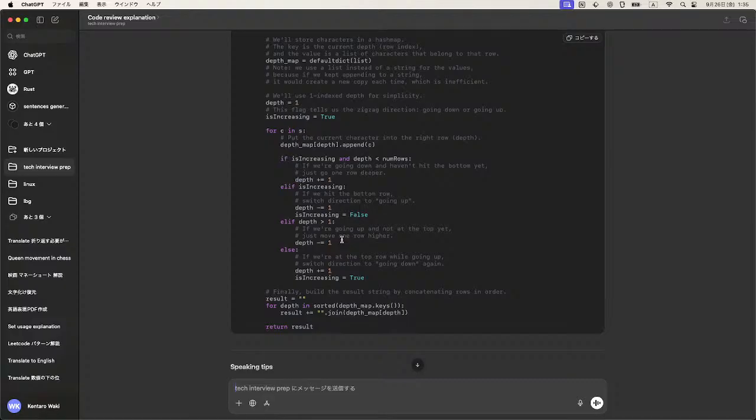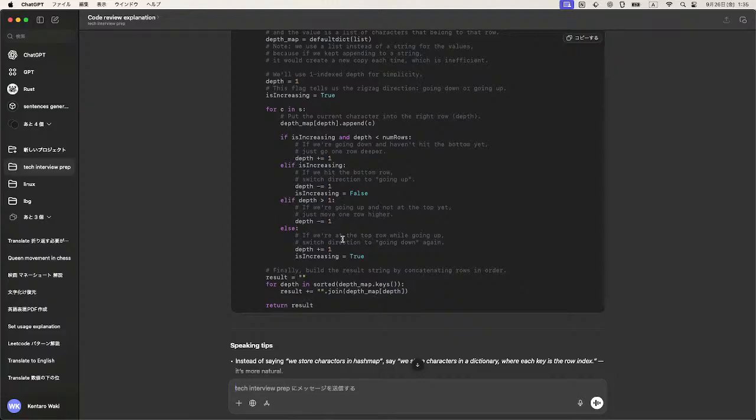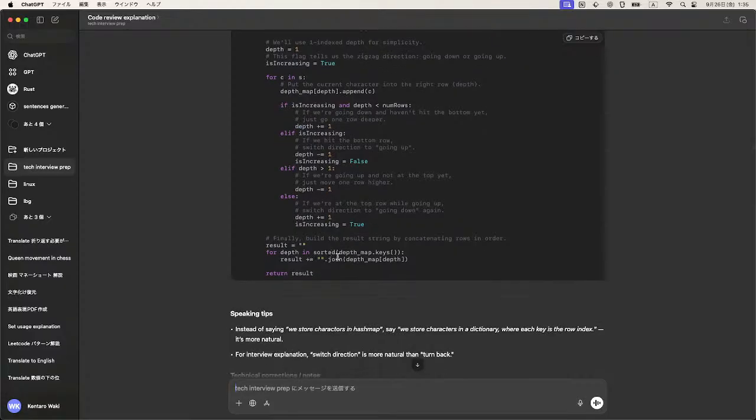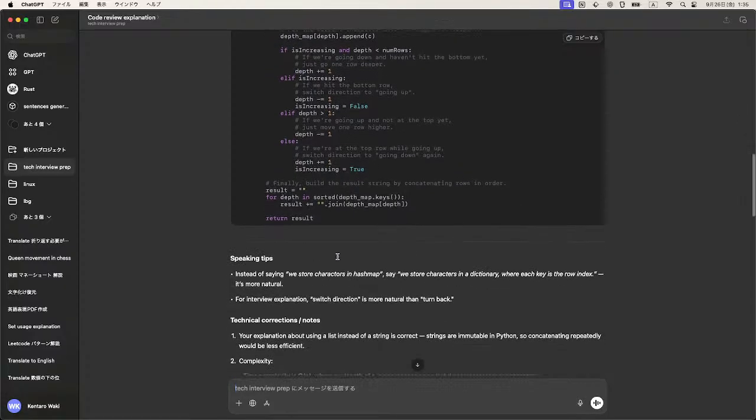If we are going up and not at the top yet, just move one row higher. If we are at the top row while going up, switch direction to going down again. Finally, build the result string by concatenating rows.